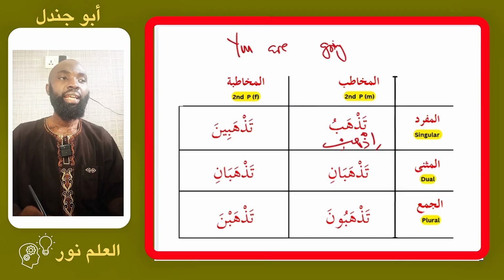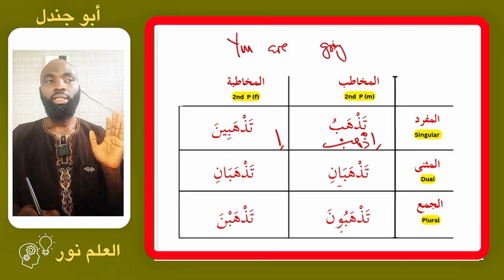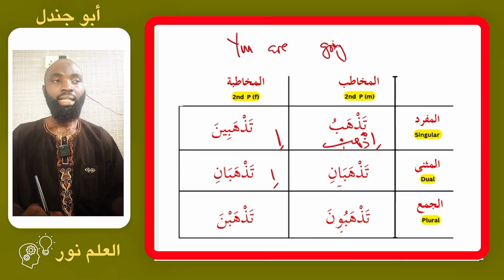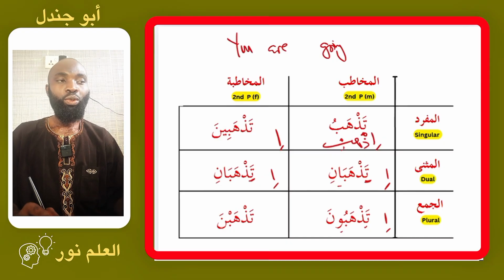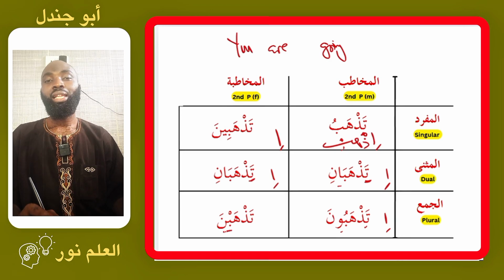The same thing here, the one that ends with ya and noon, alif and noon, or even waw and noon, these ones, replace the ta with hamza and remove the noon. For all of this, replace this ta with hamza, replace this ta with hamza, replace this ta with hamza, and remove the noon. But for this one, don't remove the noon because there is no waw before the noon, there is no alif before the noon, and there is no ya before the noon. So just change the ta with hamza.